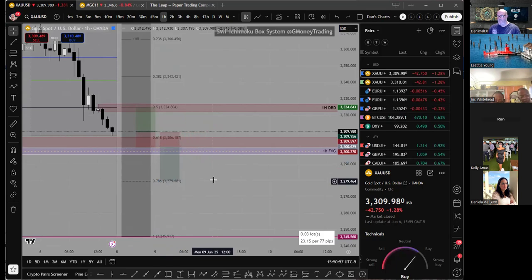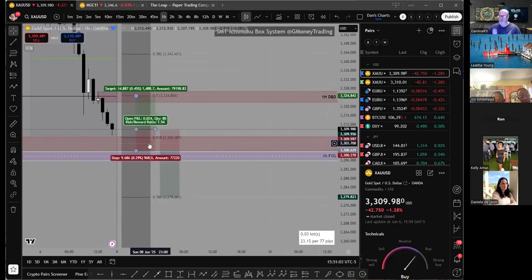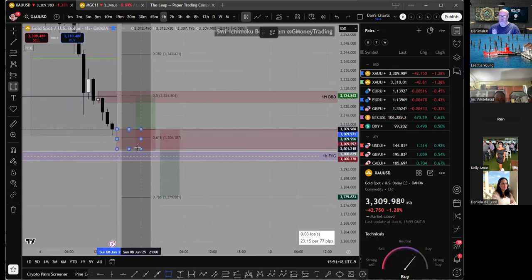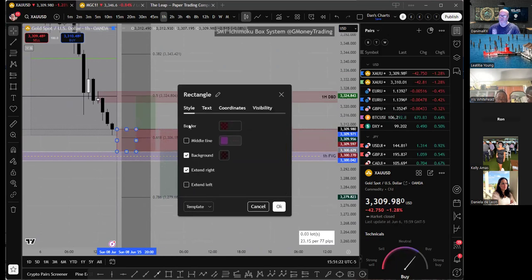The breakout trade is where I have the two stop loss zones in the middle. In other words, let me get rid of this. So my zone I'm looking to break out of is this zone and this zone. That's the zone I'm looking to get through.